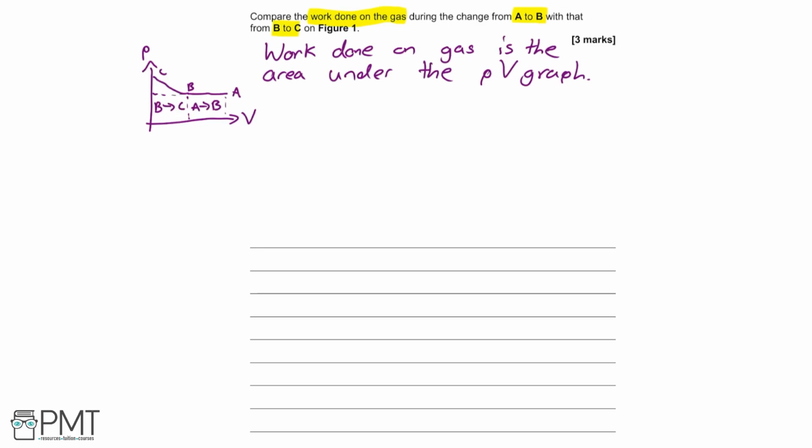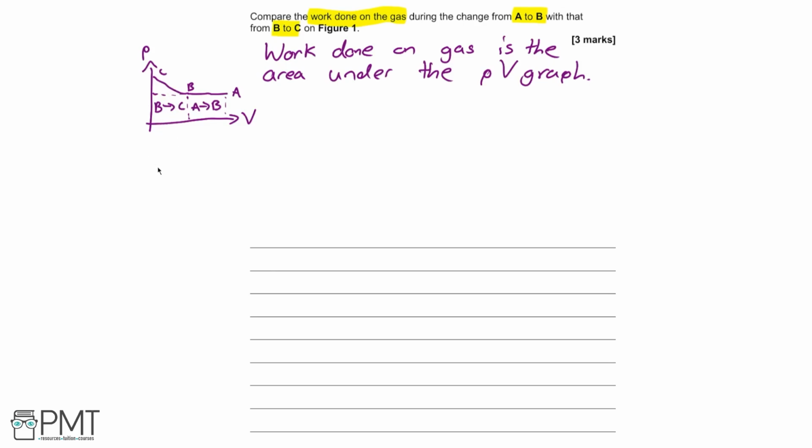There are multiple ways we could do this calculation. Either we could count the squares, which is slow but reliable, or we could break up the area into a number of simple shapes that we know how to calculate the area of.